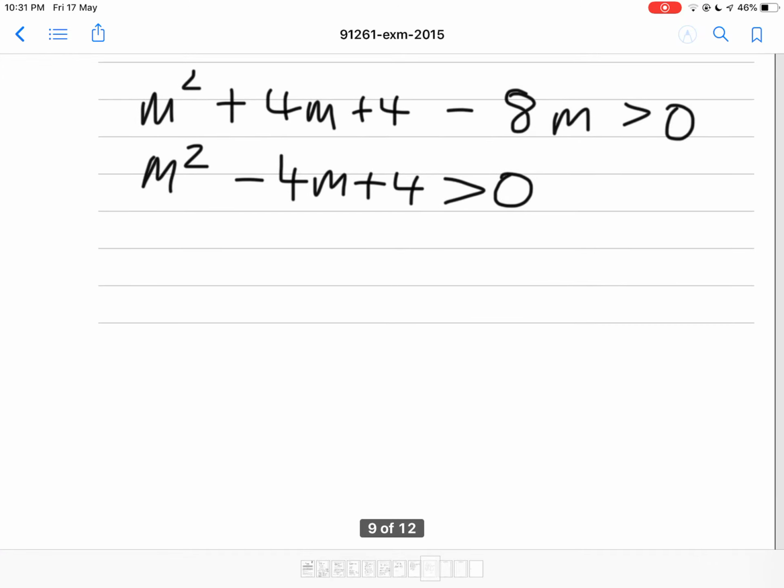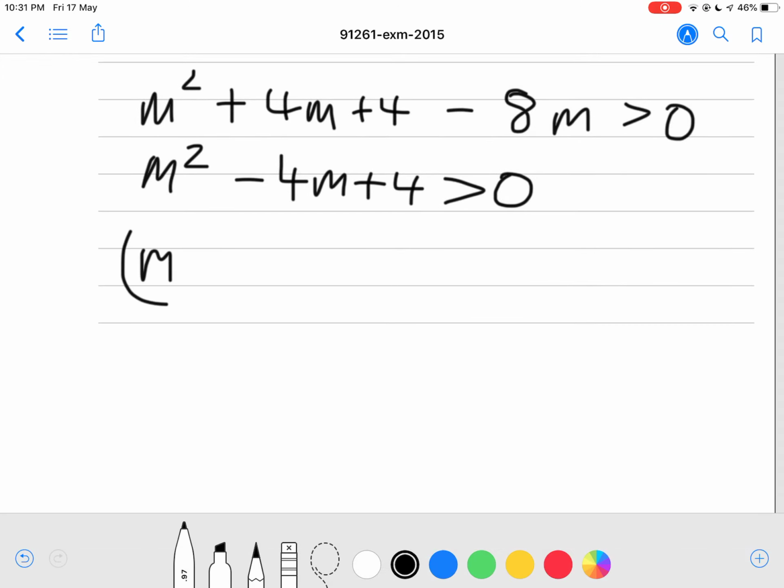And now you just factorize. I'm not sure if you need to use a graphic calculator. No, you can factorize. So just (m minus 2) squared is greater than 0.